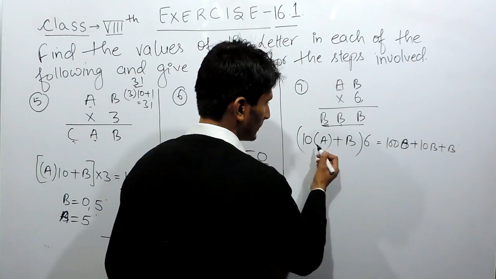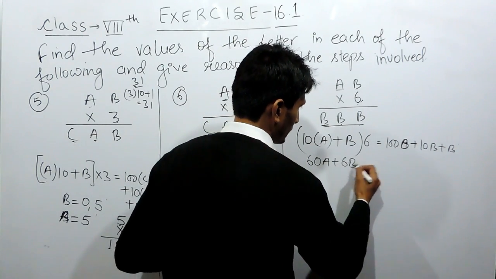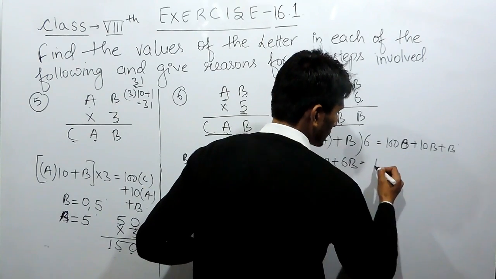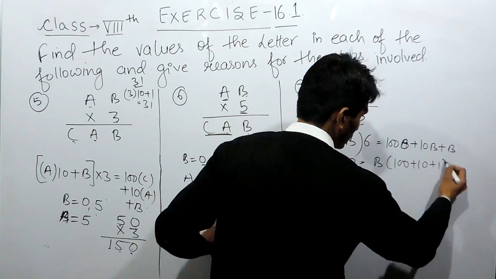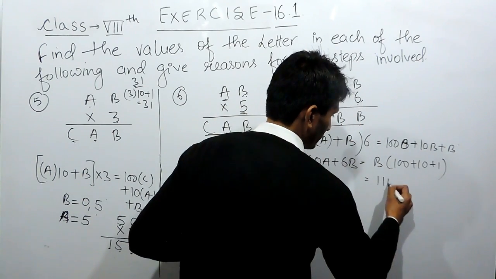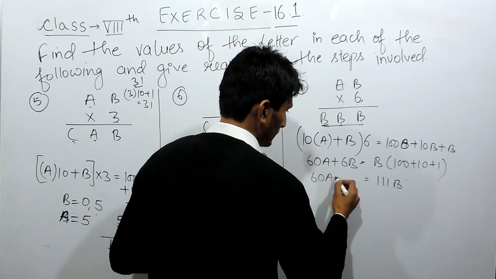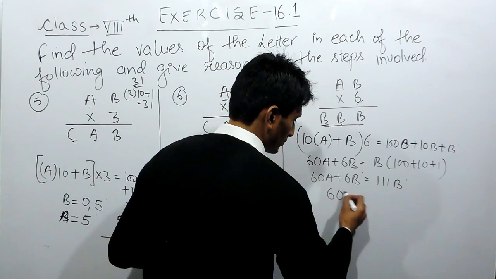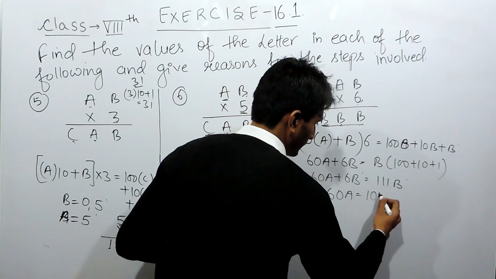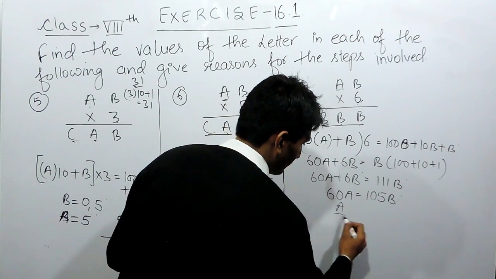So solving this, the left side should be 60a plus 6b, and if I take b as common, inside the bracket this will be 111b. So 60a plus 6b equals 111b, which gives 60a equals 105b.